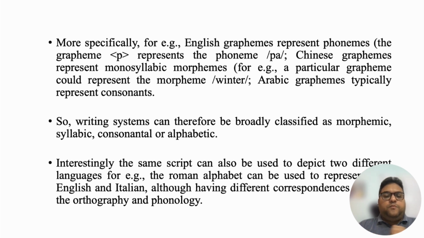Another very interesting aspect is that the same script can also be used to depict two different languages. For example, the Roman alphabet can be used to represent both English and Italian, although there will be different sound-to-text, or grapheme-to-phoneme, correspondences depicted in the relationship between their orthography and phonology.